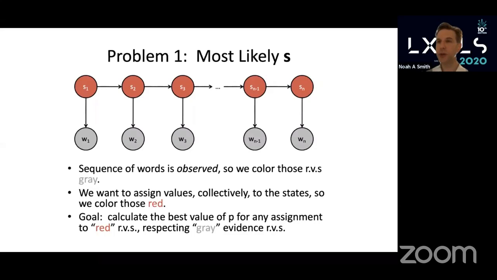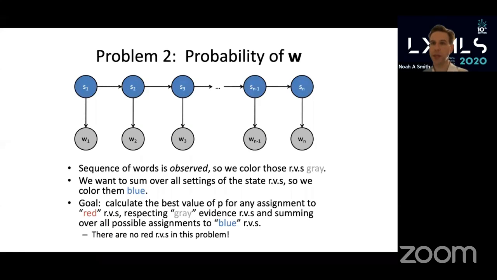In problem 2, the graphical model looks very similar, but we use a different color because what we're actually interested in is not the probabilities of these individual random variables at their maximal values, but rather we want to sum over them. We're not interested in what values they take. We want to consider all of them and then forget about them. So the sequence of words is still observed, still gray, and we use blue to denote the random variables we want to marginalize or sum over.